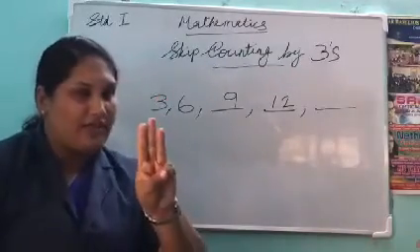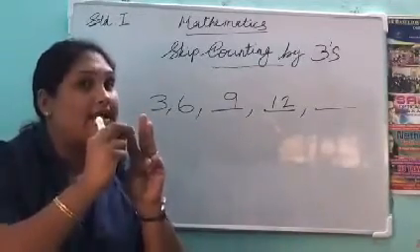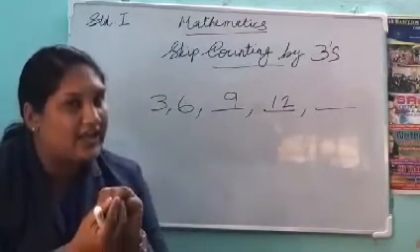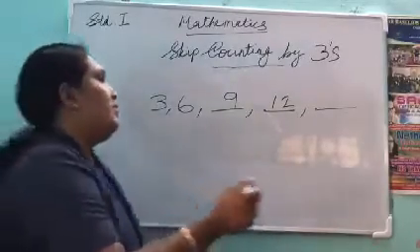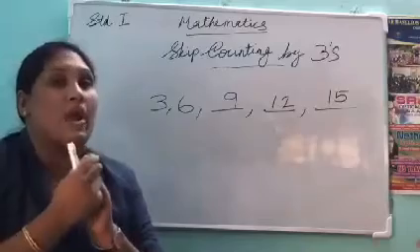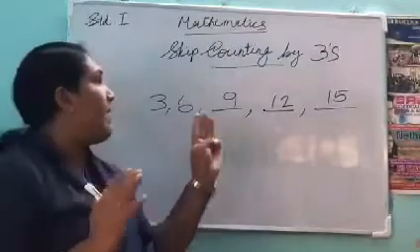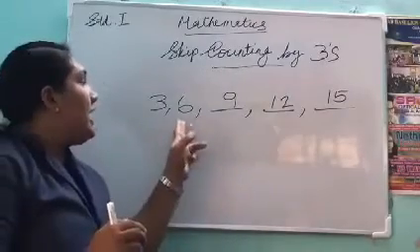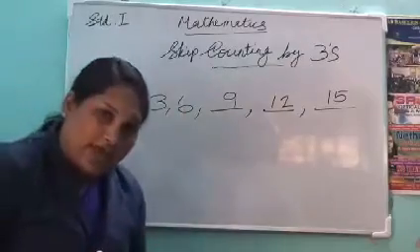You take 3 fingers and start counting from 13. 13, 14, 15. So which will be the answer? Yes, 15. You write the last count which you got. Okay? When we are counting by threes, you take 3 fingers and count from the number which is given. Okay?